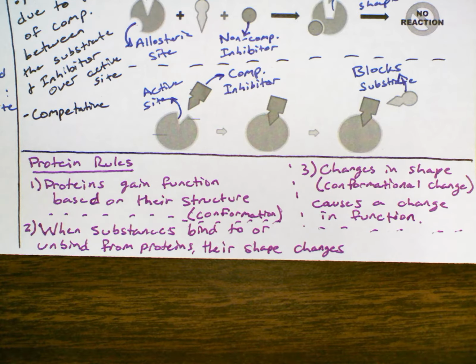So there's a lot of different metabolic pathways going on in your cells that need to be turned on and turned off depending on what's going on around them. So depending on what substances are available to bind to the proteins, we're going to see different levels of functionality kind of unlocked in those proteins. Or different functions that are just completely shut off and inhibited. It just depends on what's going on in the environment.